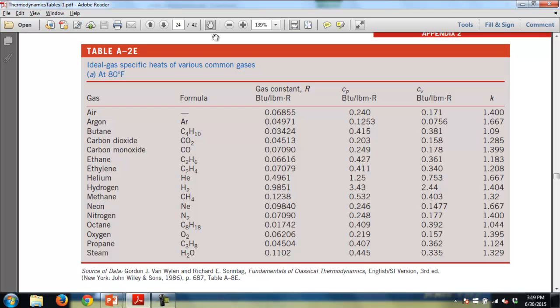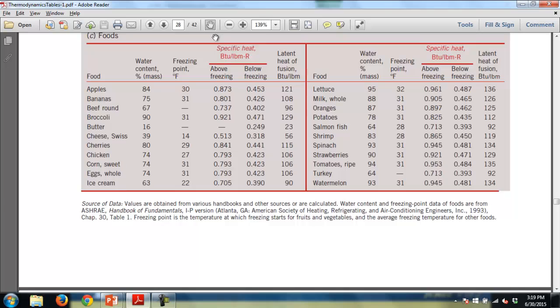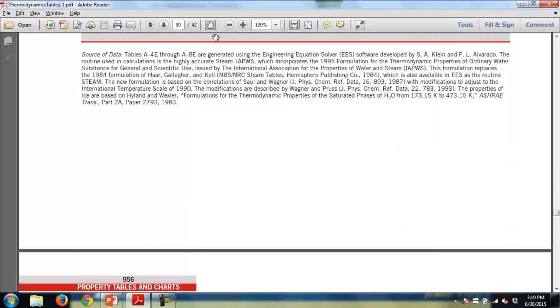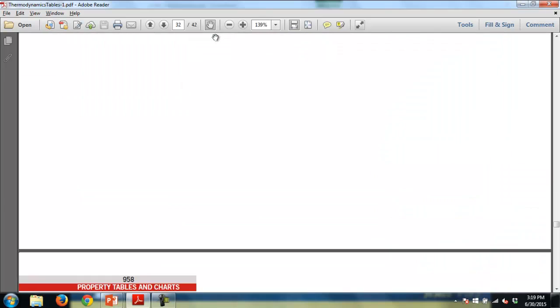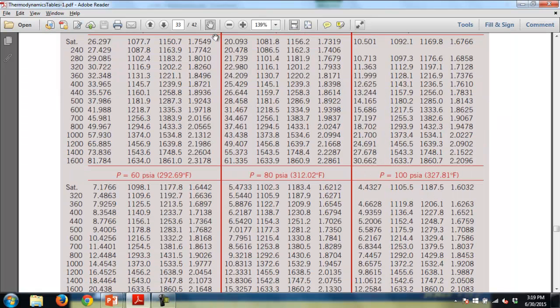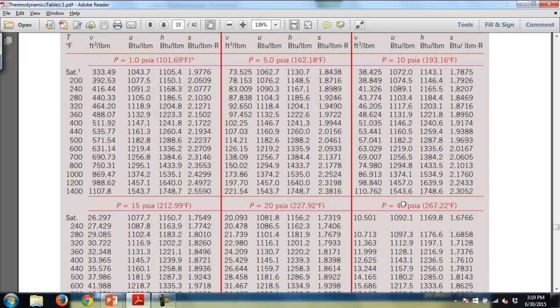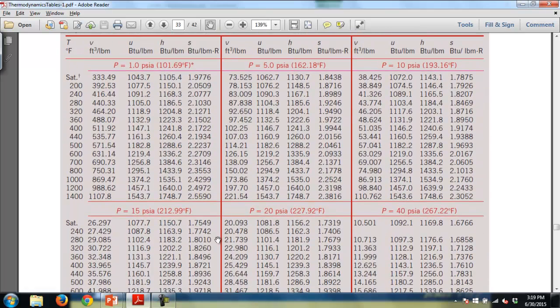So what I'm going to want to do now is go to my superheated tables, and we're looking at 40 psia. So that's this table right here. I've got 40 psia and I'm at 280, and so my value of enthalpy, that's this column here, is 1176.6.